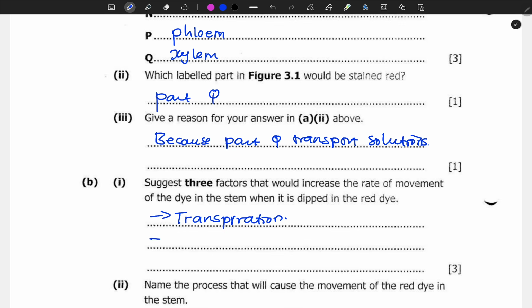Then the second one, we also need to have some forces: there is adhesive force and also cohesive force. There are so many factors, depending on the ones you are able to remember when you are writing your exam.